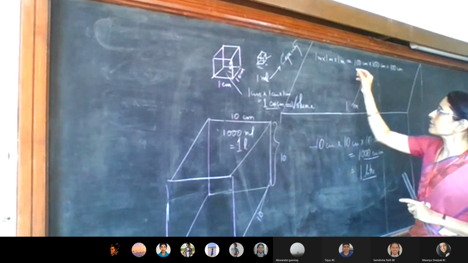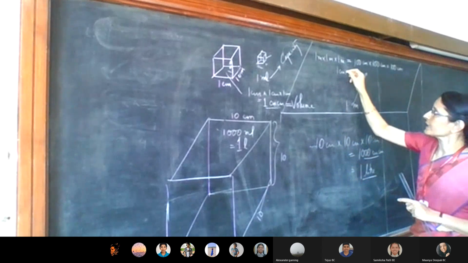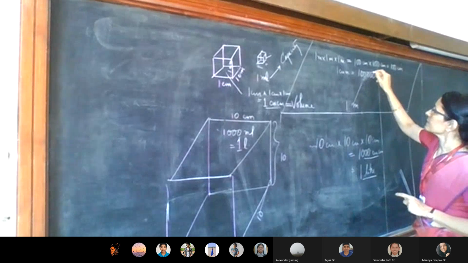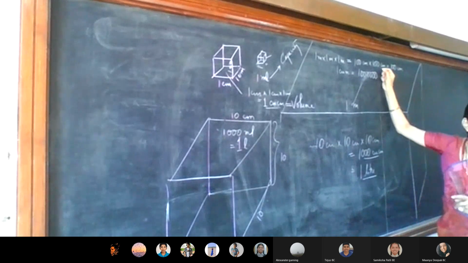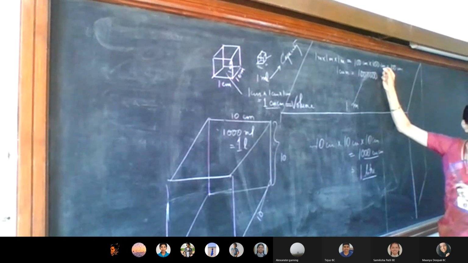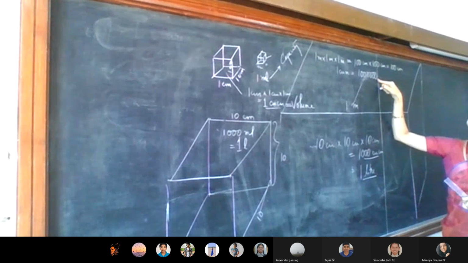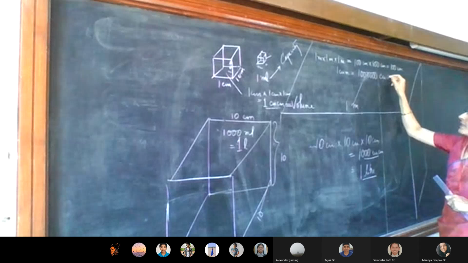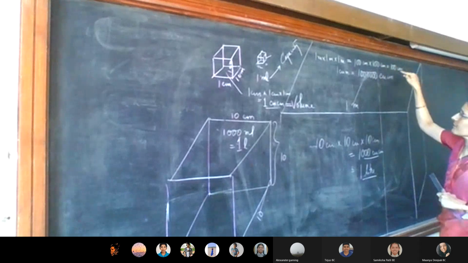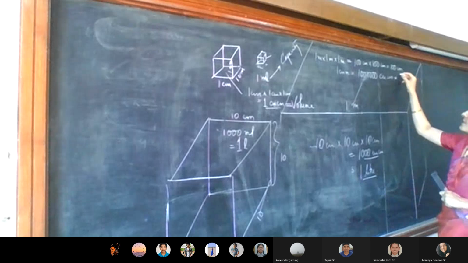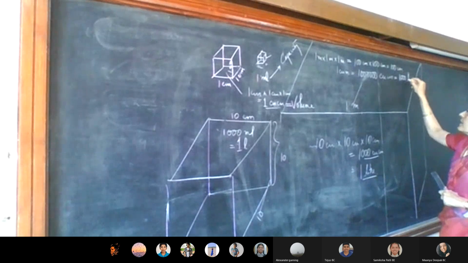So 1 cubic meter is 10 to the power 6 cubic centimeter, because centimeter multiplied is cubic centimeter. So this much is 1000 liter.